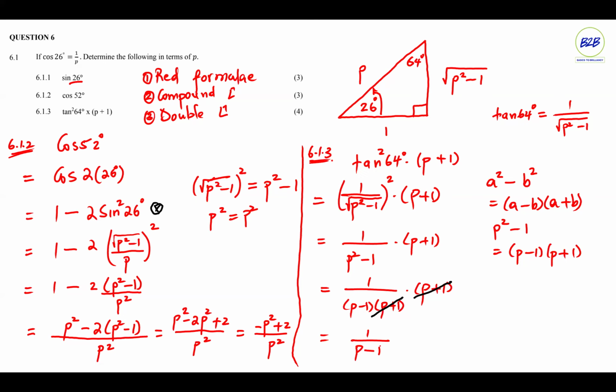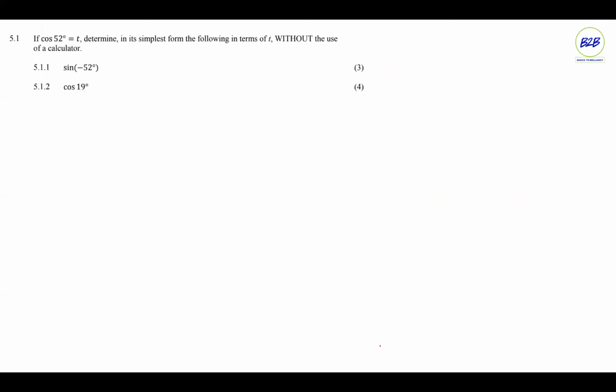Now, moving into the next slide, I think you already know what it is. Yes, an exercise under this category whereby you are given one piece of information, and that is in this case cos 52 degrees is equal to t.